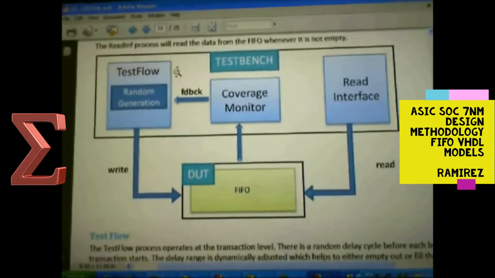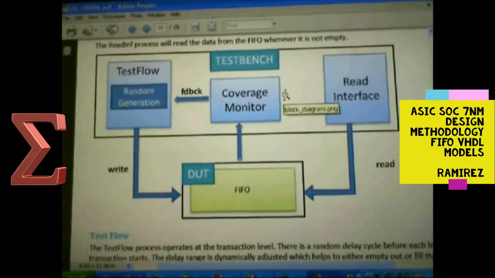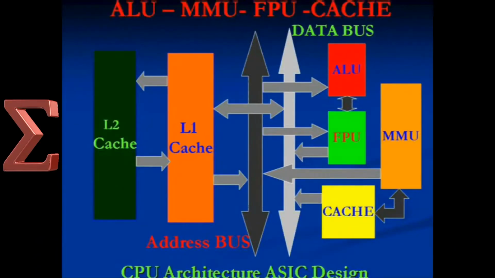I also make major emphasis in synthesis. At the synthesis level, which takes the RTL hardware description and the standard cell library as inputs, constraints such as timing, area, testability, and power are all taken care of.